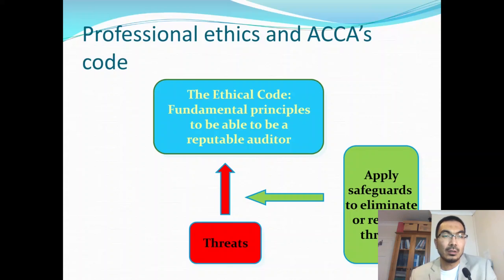If you cannot eliminate or reduce the threats to an acceptable level, obviously it's best to get out or not accept those kinds of engagements. We're going to see them one by one.